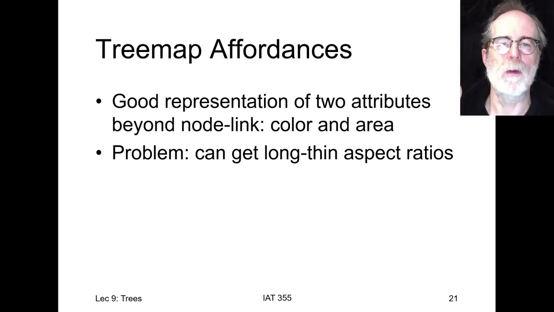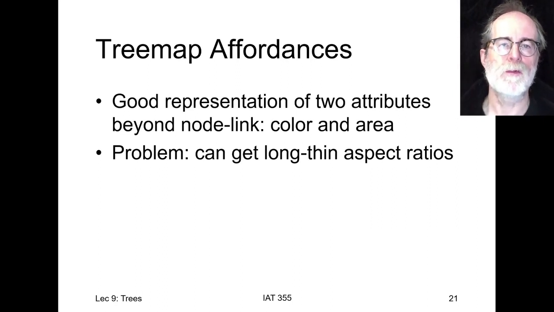It doesn't matter which place you start, and it could be that cutting up the space according to a small number of slices results in some of those slices being very long, and then slices within that being very narrow, due to the variable number of slices per layer. The strict algorithm of going horizontal first, then vertical, then horizontal tends to result in these long, thin rectangles. However, it's a good representation beyond what node link diagrams can give you.